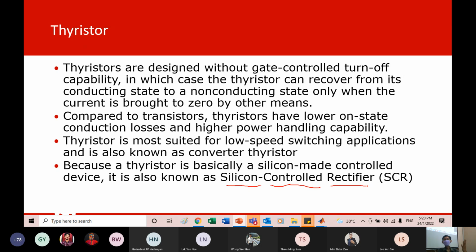It was designed to perform AC to DC conversion. Of course, now it has been used in a lot of other conversions. So if someone tells you, oh, we are using an SCR, you have to understand that SCR means they are using a thyristor.